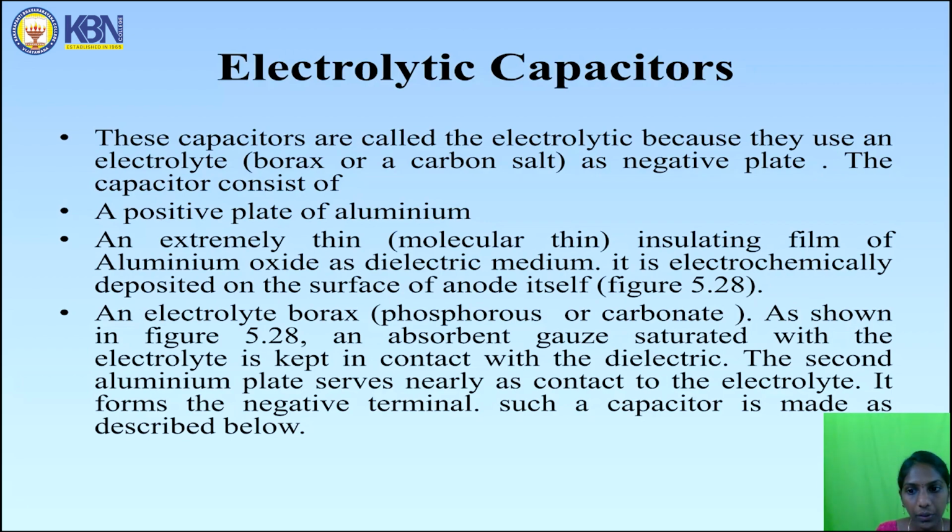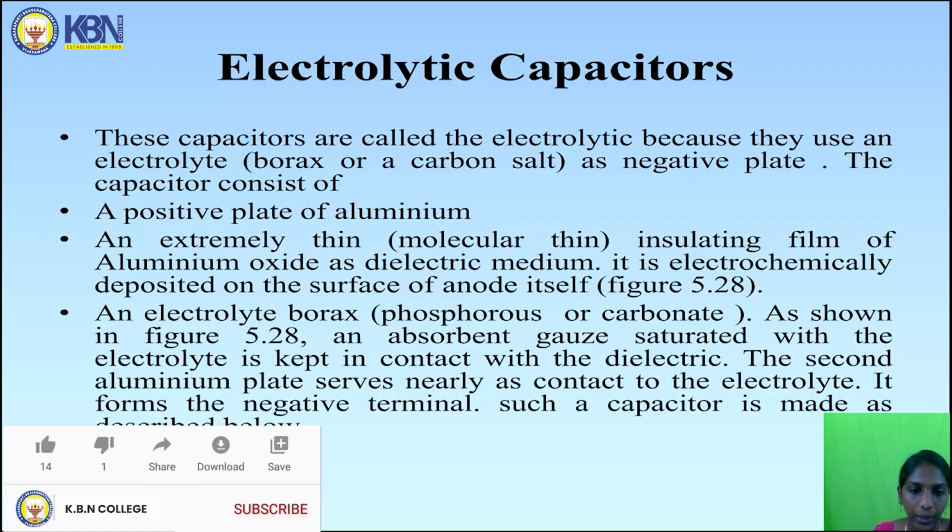It is electrochemically deposited on the surface of the aluminum itself. An electrolytic borax-saturated gauze, saturated with the electrolyte, is kept in contact with the dielectric. The second aluminum plate serves merely as contact to the electrolyte.